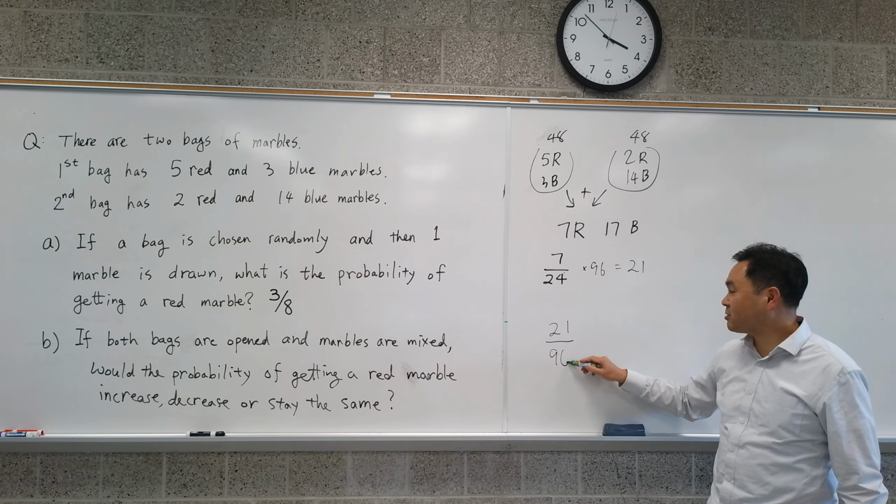Now, what was the first one? It was 36 out of 96, right? Since 3 over 8 is the same as 36 over 96, and 7 over 24 is the same as 21 over 96, if you compare those two, you see that indeed the probability decreased. So the answer is decreased.